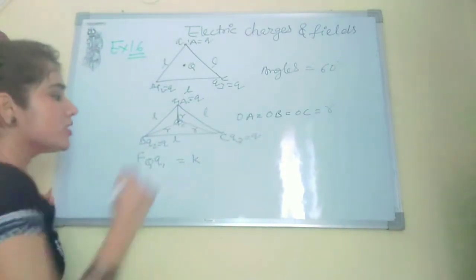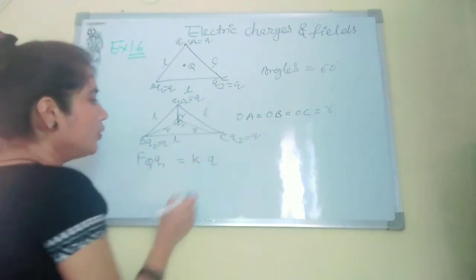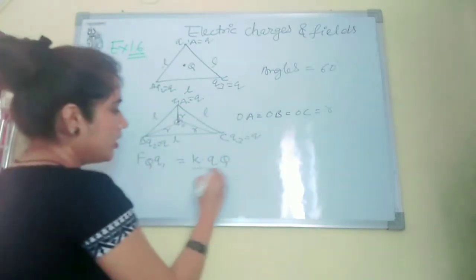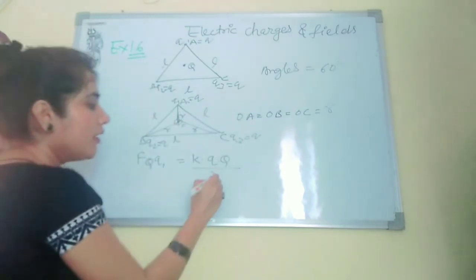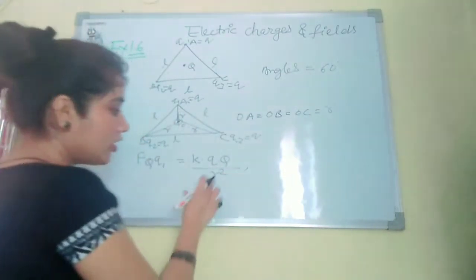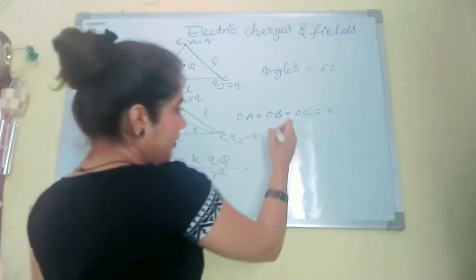All the magnitudes are the same. So q into capital Q, and the distance between these charges is R, so that will be R square. So we have to find the value of R square.